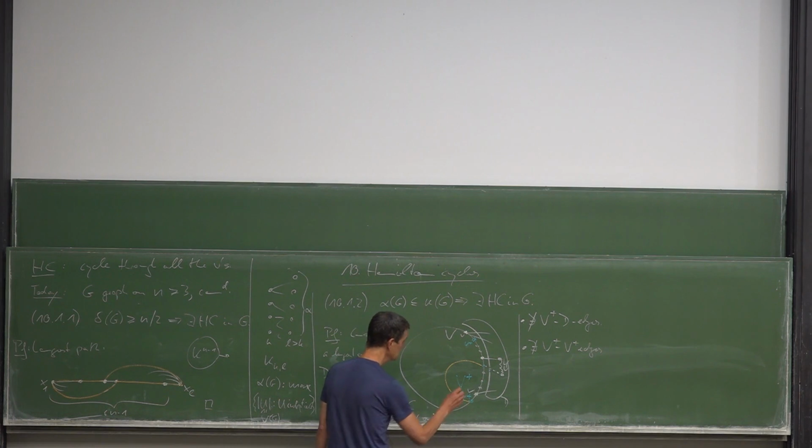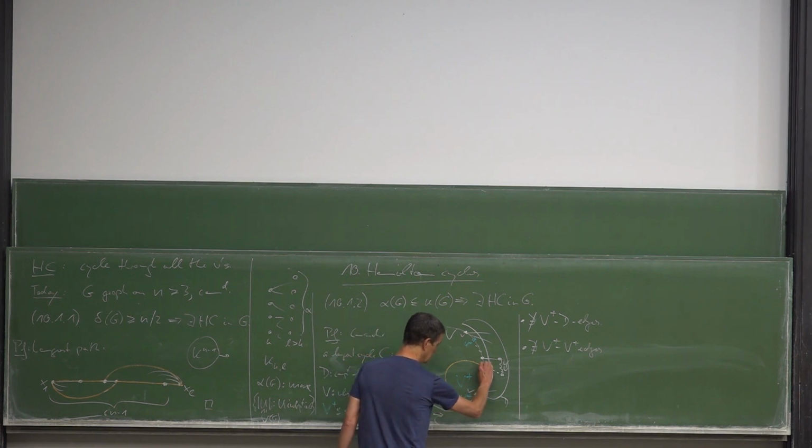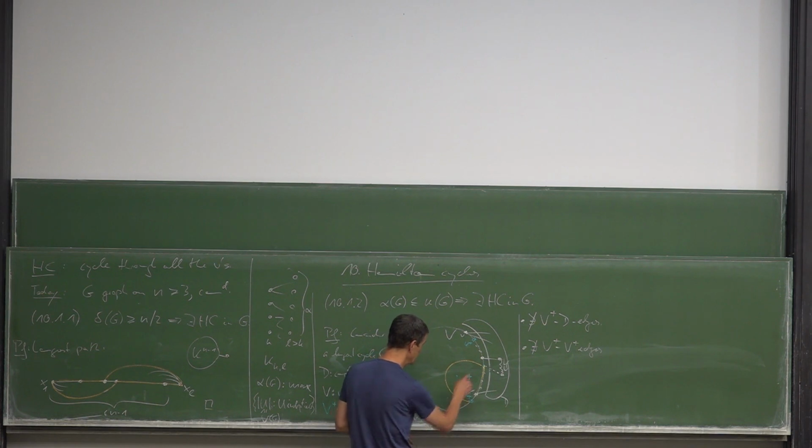Then I follow the cycle from this vertex to just before the other vertex. This is symmetrical, so there's no loss of generality in drawing it like this.